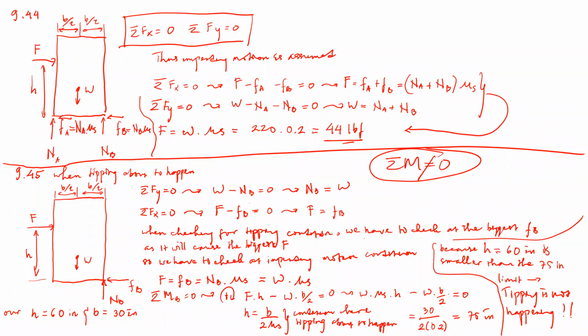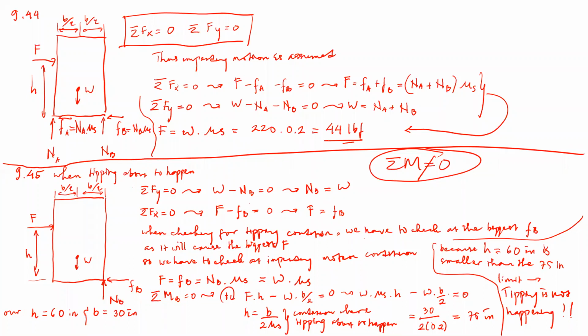In order to check whether tipping is happening or not, it's better for us to check the limiting condition. If it exceeds the limit, then tipping is happening. But if it's not exceeding the limit, tipping is not happening. That's simple.